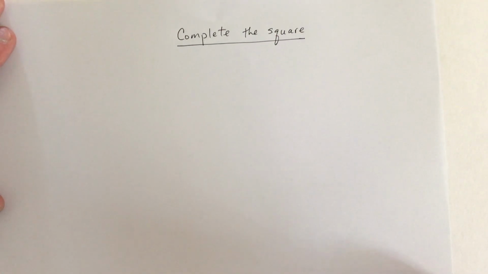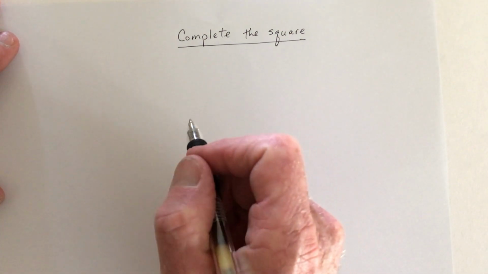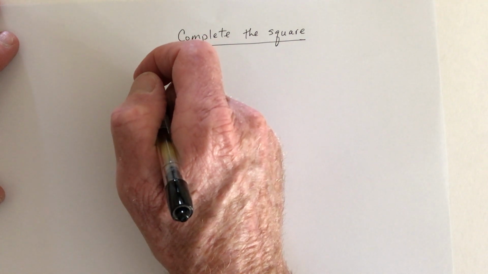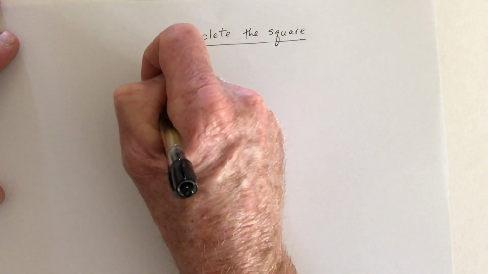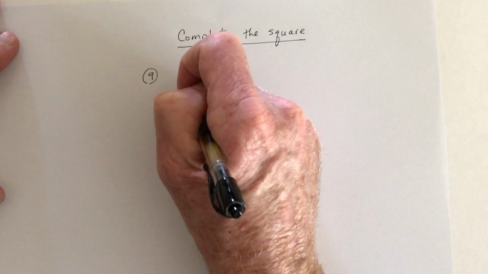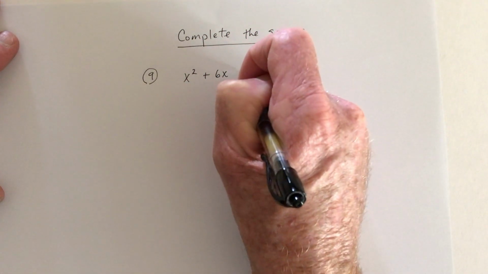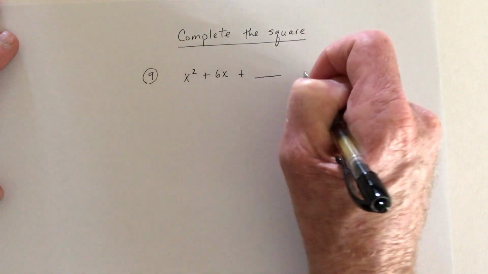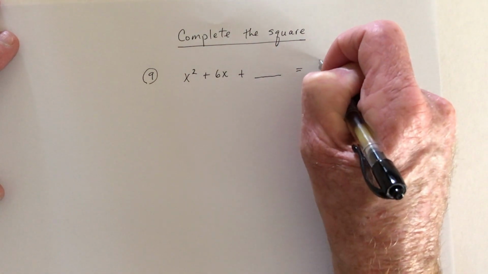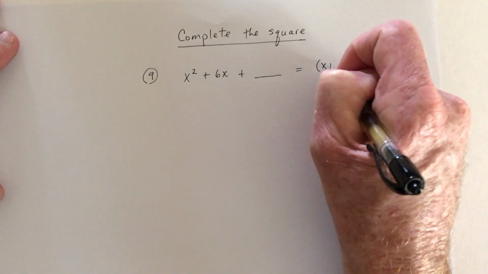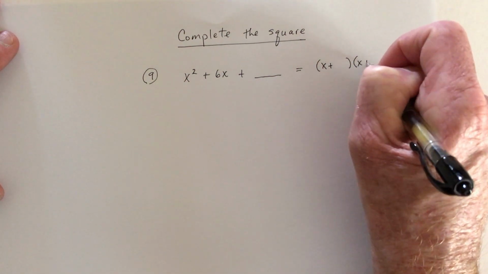I'm basically going to go through the way that they did for the online homework and build it up. So this would be example number 9. If you have a polynomial x squared plus 6x plus, and we don't know what this number is, and you're trying to factor it into x plus something, x plus something.